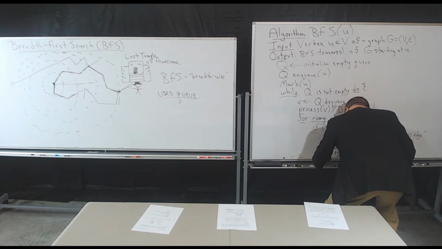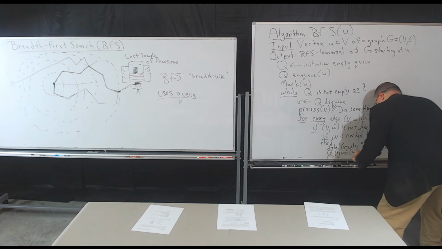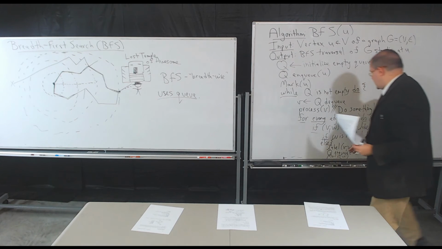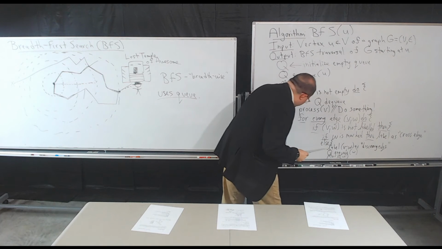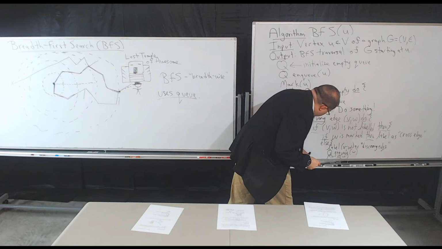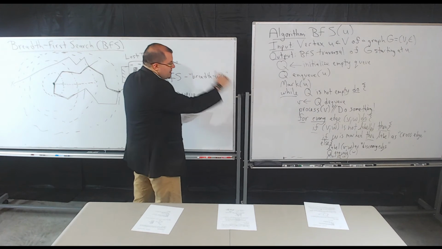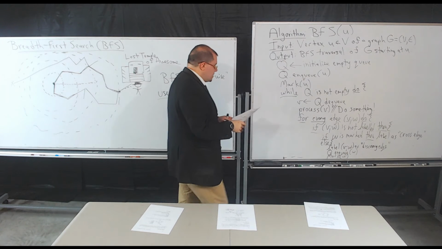So below the NQ, I'm going to mark W. And then I'll just have all my closed parentheses and closed curly braces below here. I kind of run out of space, but the indenting should all be natural for you. So this is what BFS is.